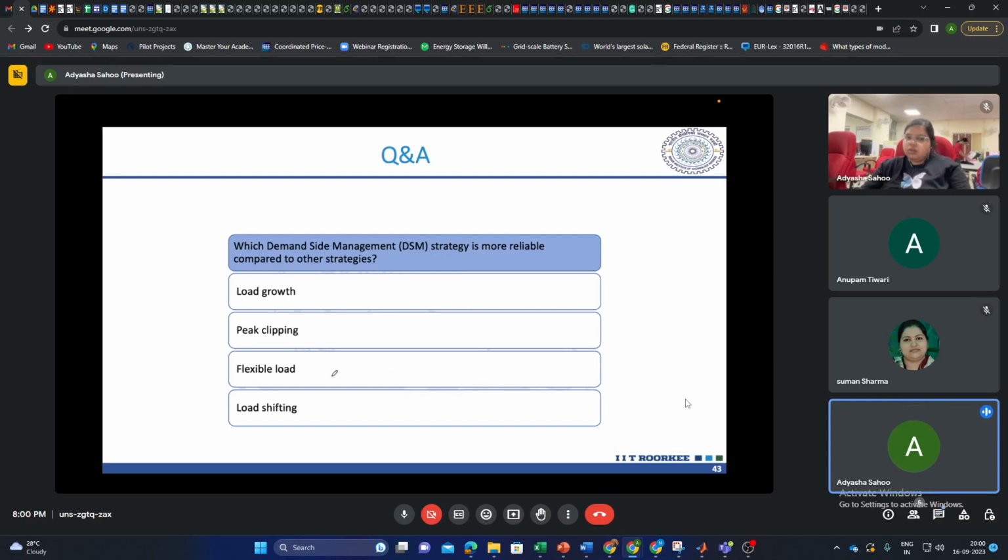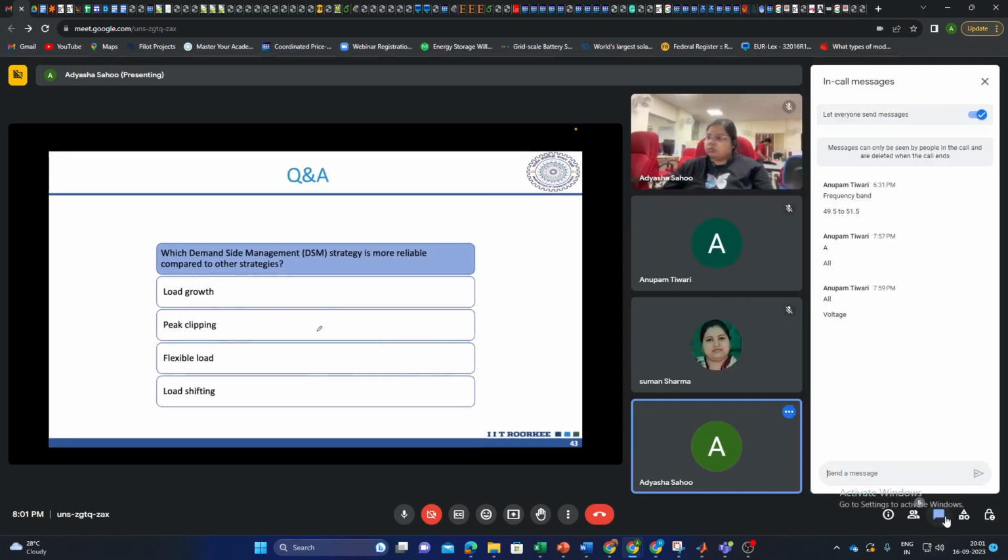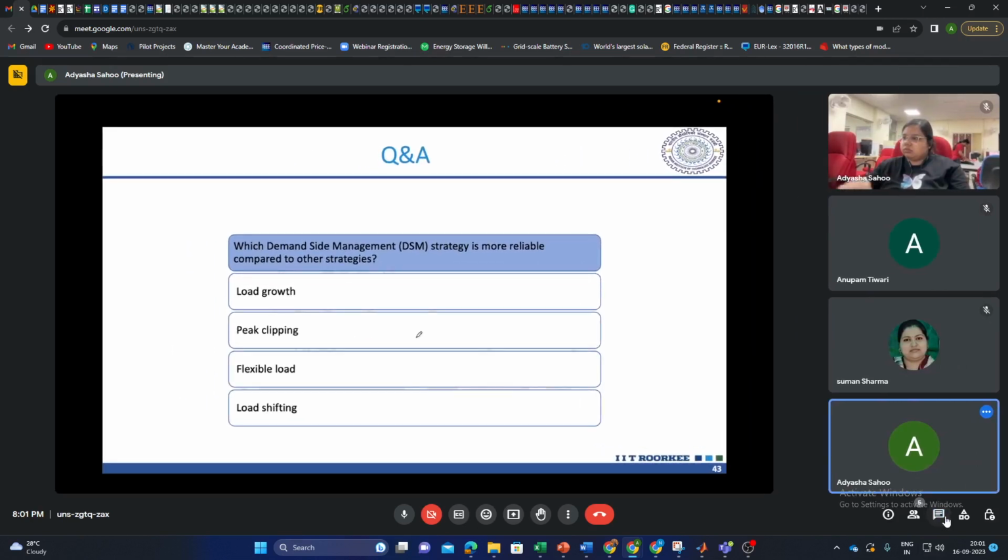Then which demand side management strategy is more reliable compared to the others? Load growth, peak clipping, flexible load, or load shifting? Anyone?